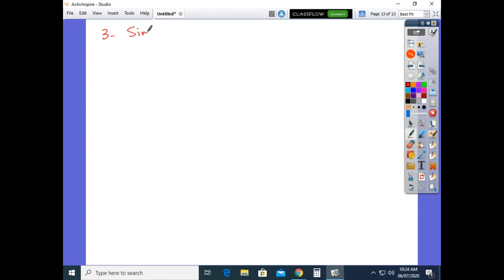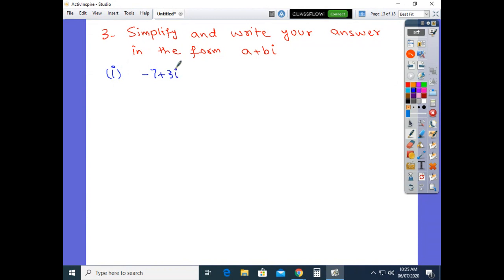In question number 3, simplify and write your answer in the form a plus b iota, that is, in standard form. The first part is negative 7 plus 3 iota, negative 3 plus 2 iota.